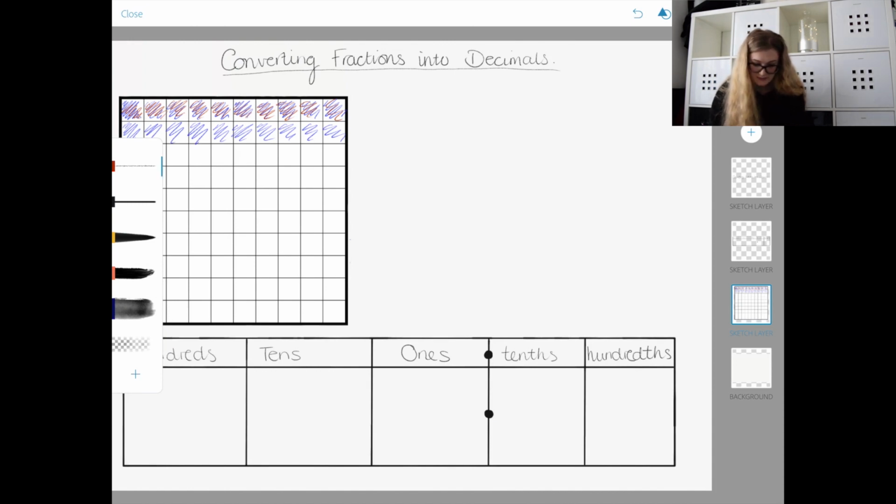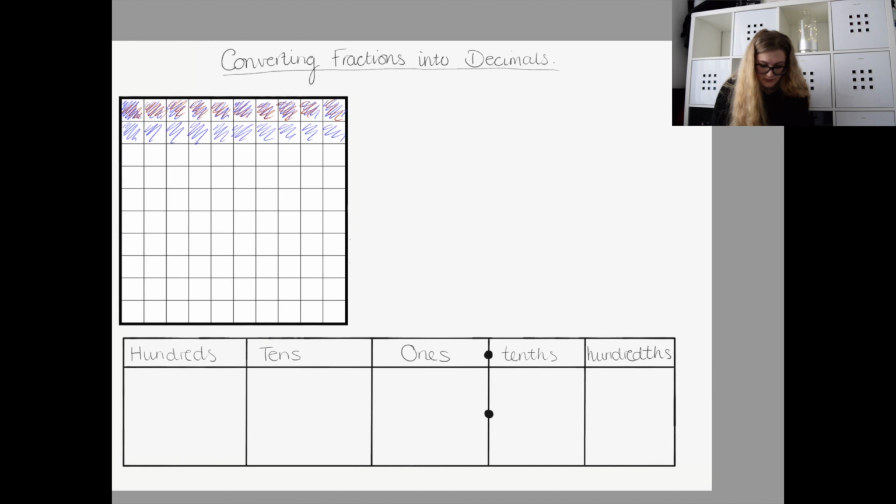I had my 1/10 or 10/100ths, and in my place value grid, this one here is telling me 1 divided by 10, or this one is telling me 10 divided by 100, because that's what that line actually stands for.